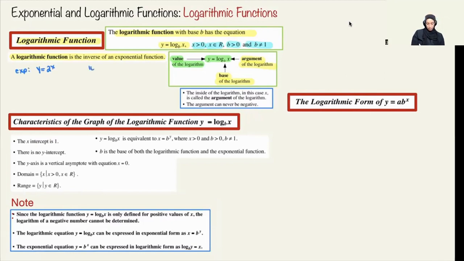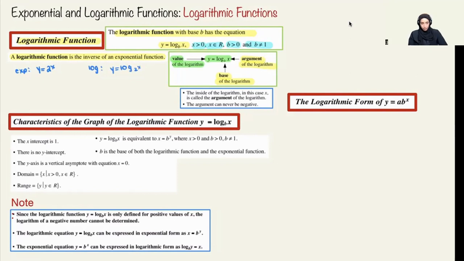And then if I have my logarithmic function, which I'm saying is going to be the inverse function, I'm going to have y is equal to log base 2. So I have that same base, okay? Log base 2 of x.